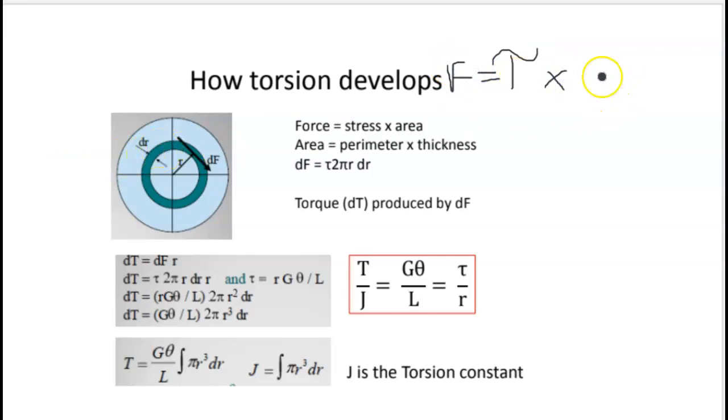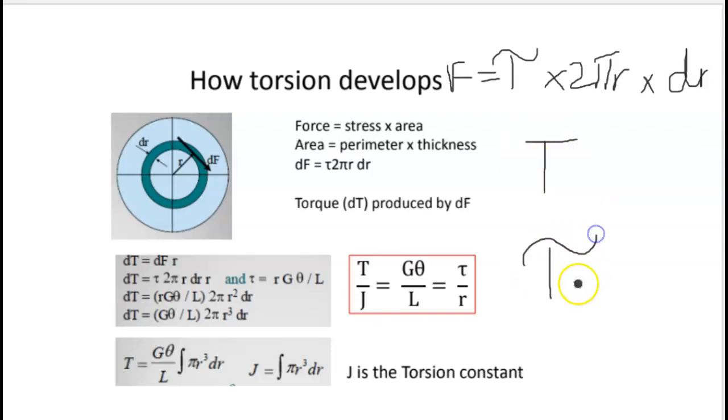The area covered will be 2 pi r multiplied by the delta r, which is a change in radius. Now, if you see an uppercase T, this uppercase T is the torque. If you see that kind of tau, this is the shear stress. So that is a shear stress, and this is the torque.